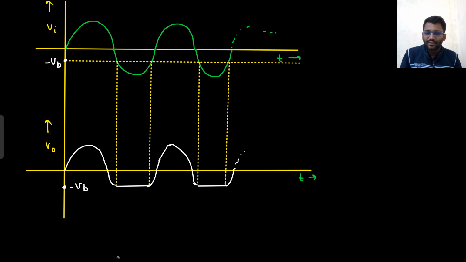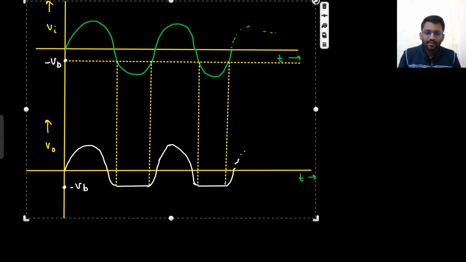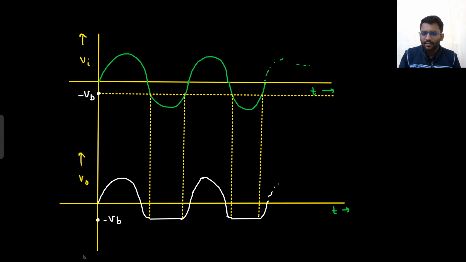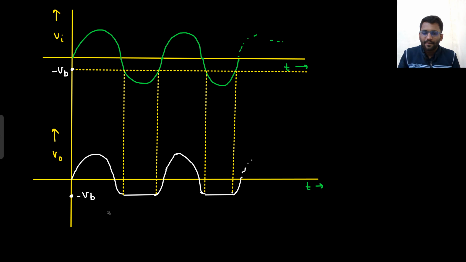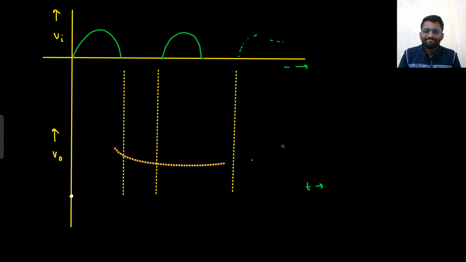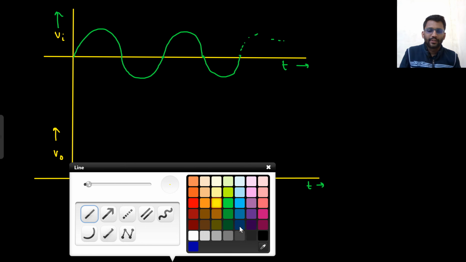I will just copy one of the sinusoids. This I will copy. Okay, let me pause it. Yeah, so this is our given sinusoid. So what are our two transition points?